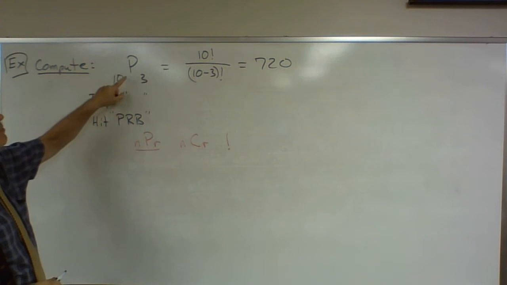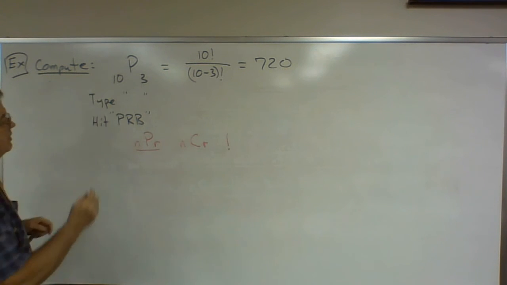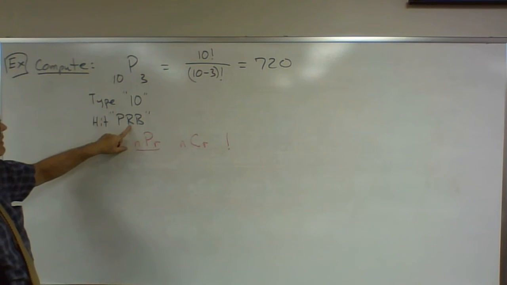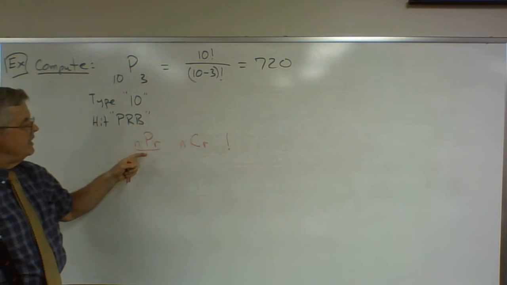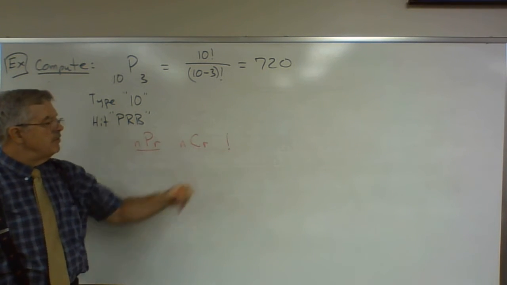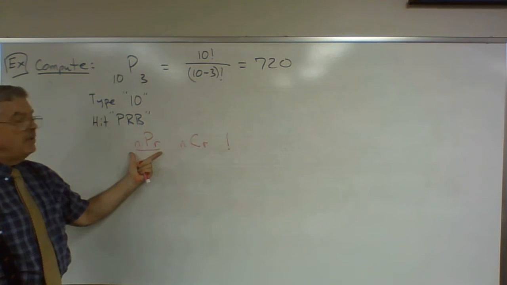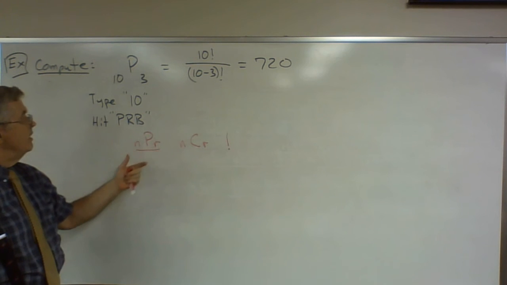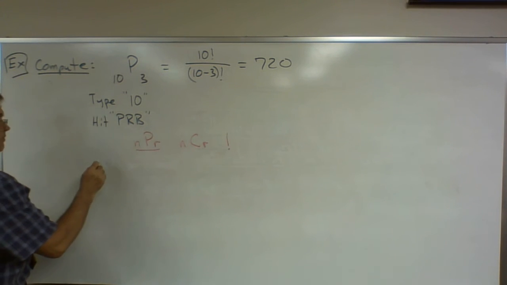We want 10P3, we type the first number, 10. We hit the probability key, and on the screen we see NPR, NCR, factorial. This time we want the permutation, NPR. So we just hit enter.